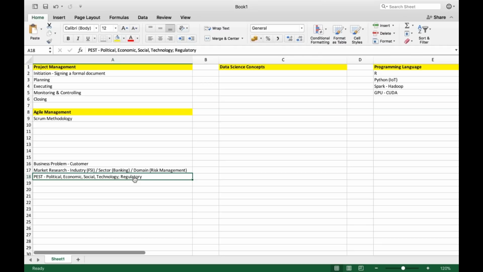Regulatory norms are important because imagine you are building a project for a client who is from banking, and you're building a project on whether a person will default or not. If you use black box techniques such as neural network or SVM, then of course your accuracy levels might be good.